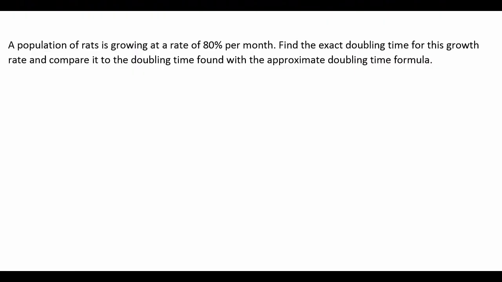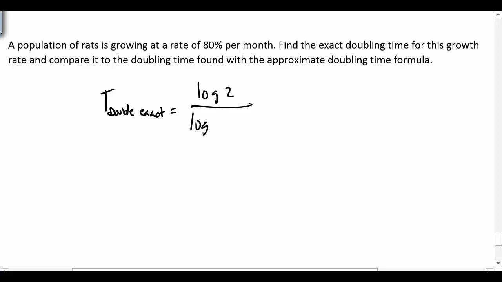Okay, so a population of rats is growing at 80% per month. Find the exact double time using the growth rate and compare it to the double time with the approximate formula. So let me write out that exact. We're going to use the exact, which would be log of 2 divided by log of 1 plus 0.8.